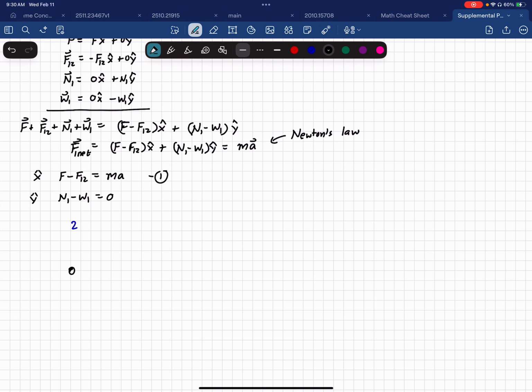Now the full free body diagram, we have the N2, then we have F21, then we have F23, and finally we have the W2.